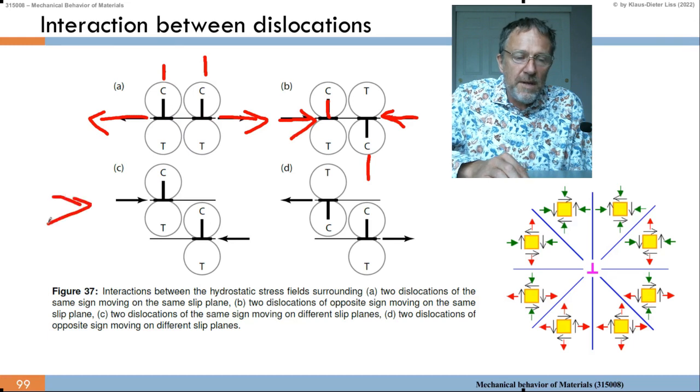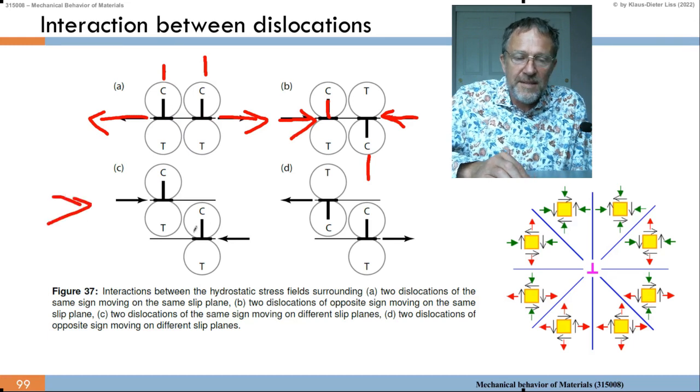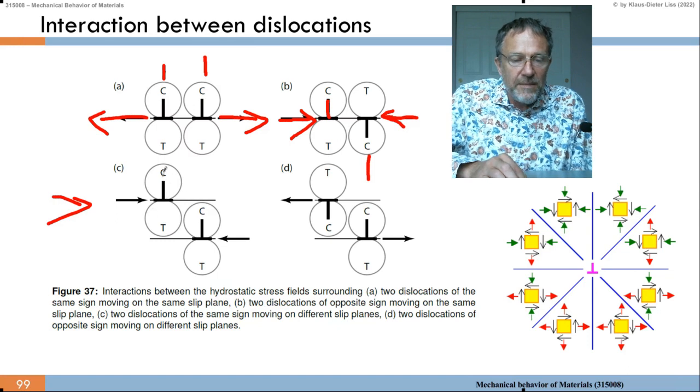Or let's look at those two situations where we do not have the same habit plane. We have two habit planes. We have one here and the other one further down, in such a way that here we have the tensile and here the compressive forces.